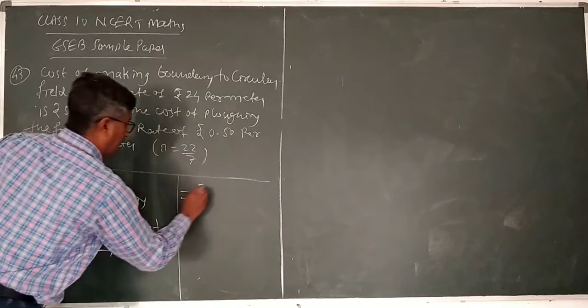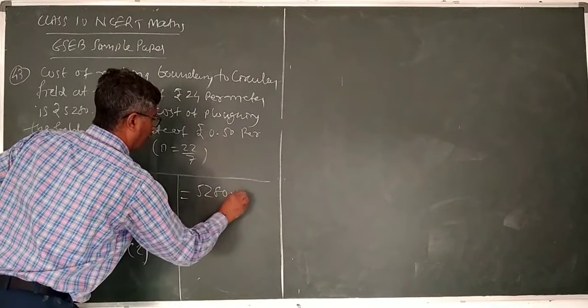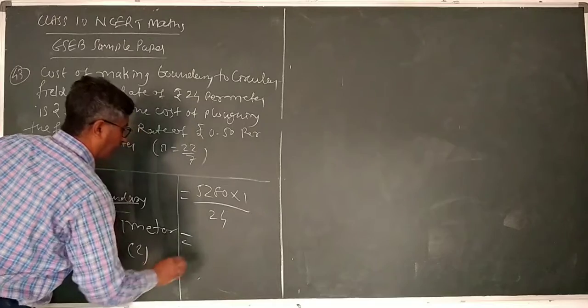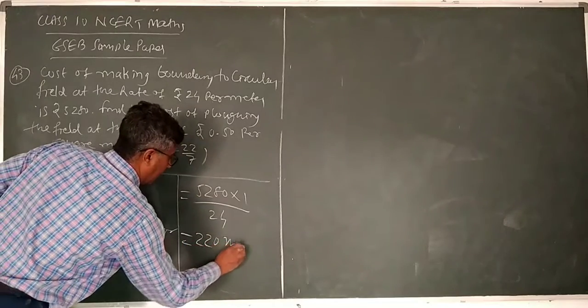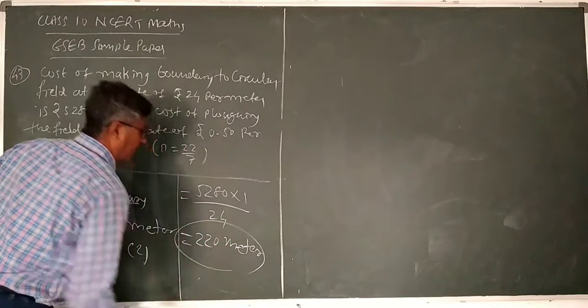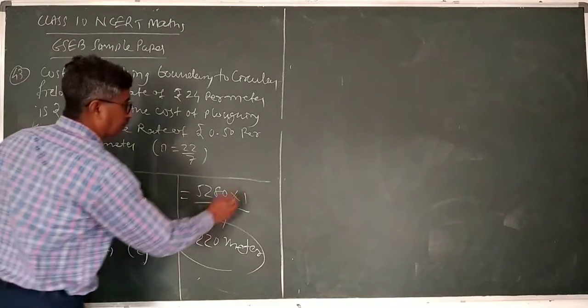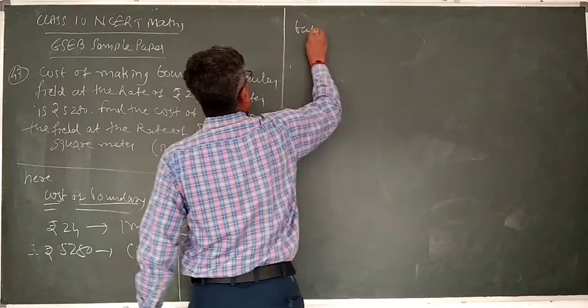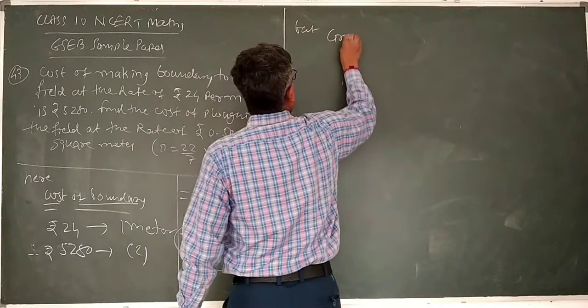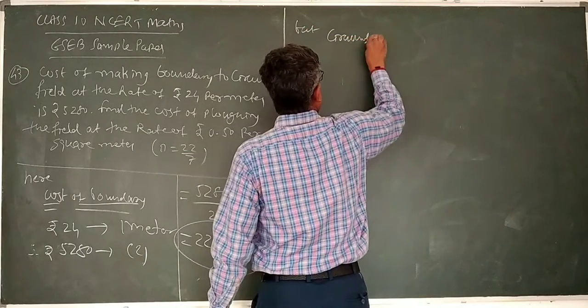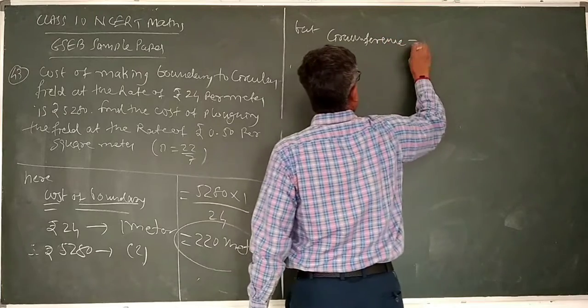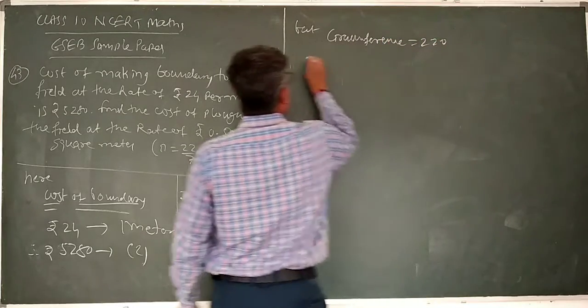So it will be 5280 multiplied by 1/24, which will give you 220 meters of boundary. But the circumference equals 220.